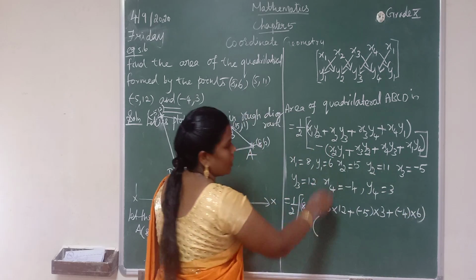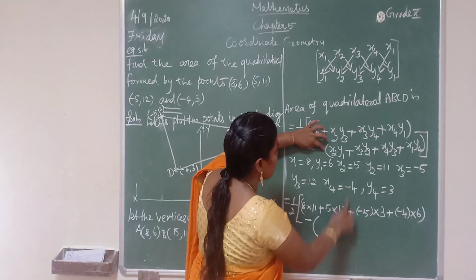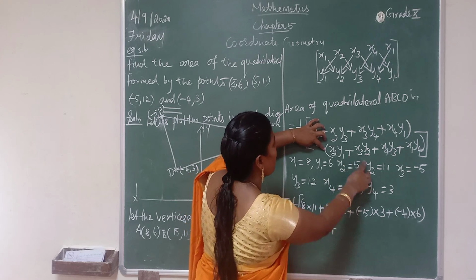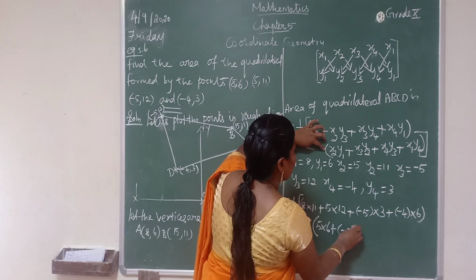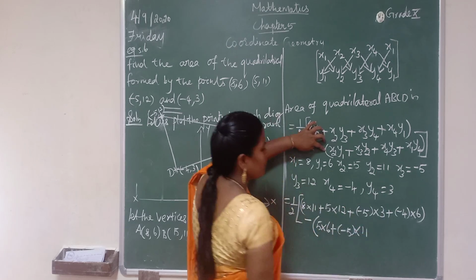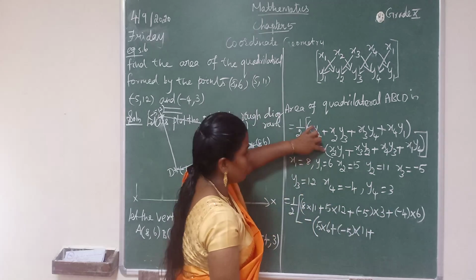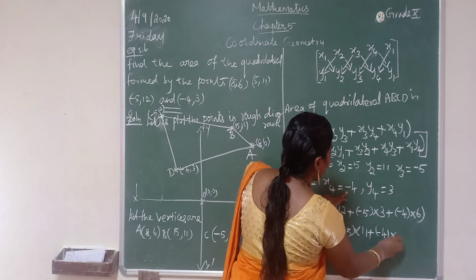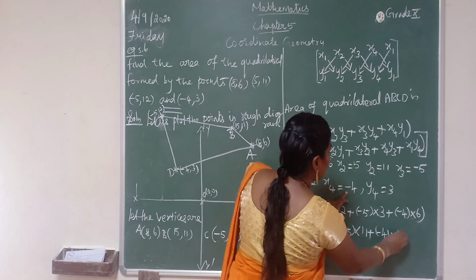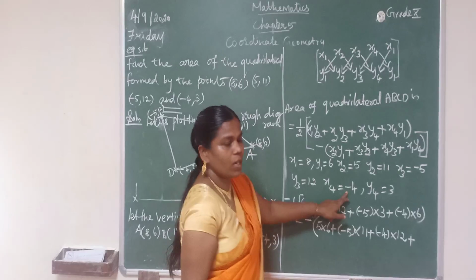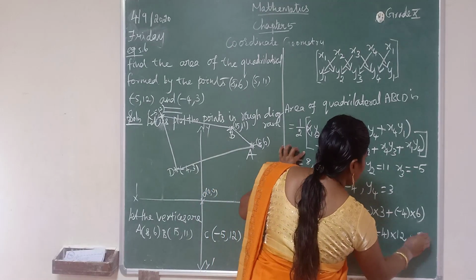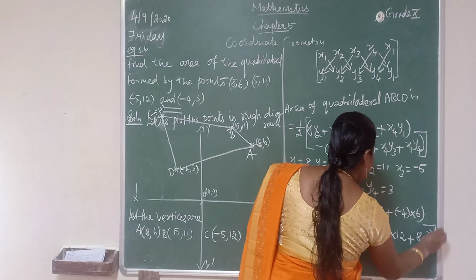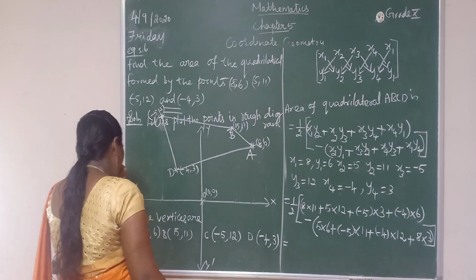Then minus the next term: x2 y1 is 5 into 6, plus x3 y2 is (-5) into 11, plus x4 y3 is (-4) into 12, plus the last term x1 y4, which is 8 into 3. Let's simplify.